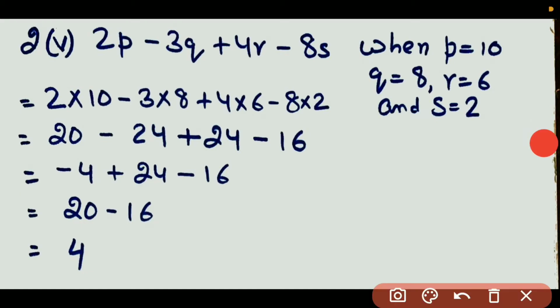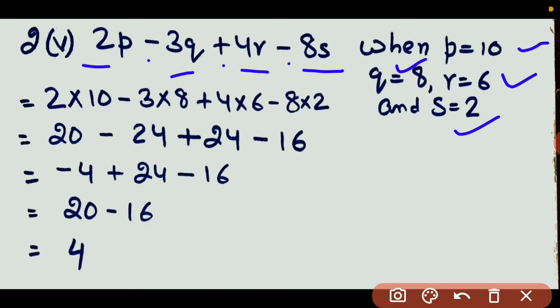The question given to us is 2p minus 3q plus 4r minus 8s, where the value of p is 10, s is 2, q is 8 and r is 6. So using these values, we are supposed to find the value of the expression.